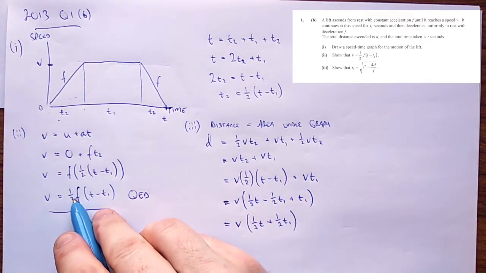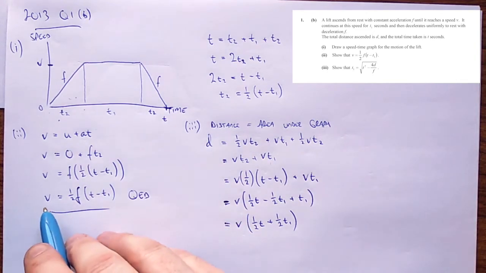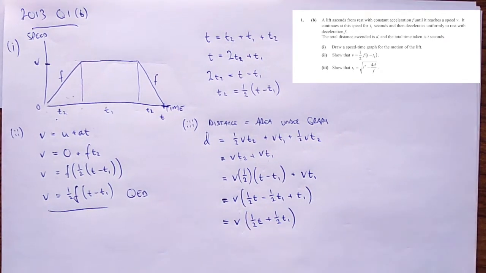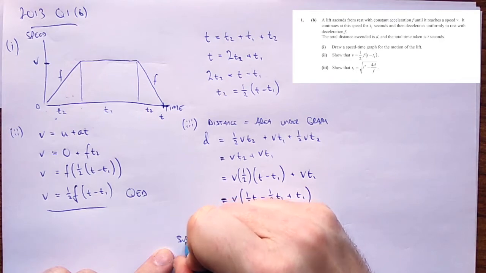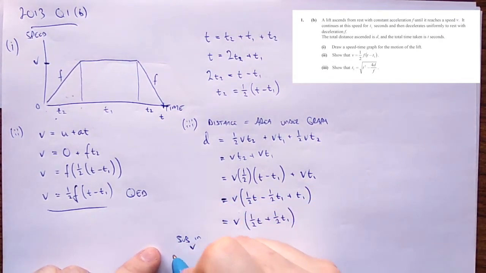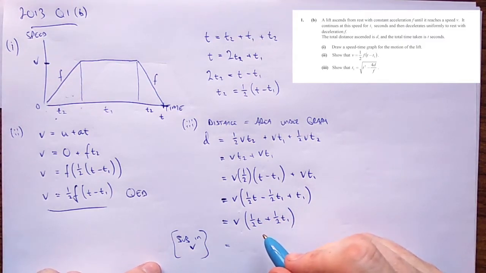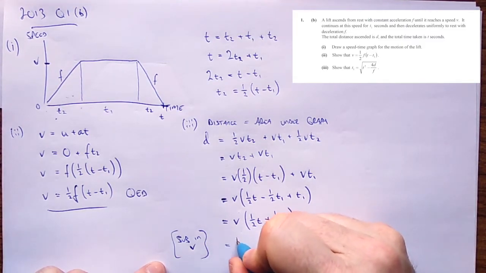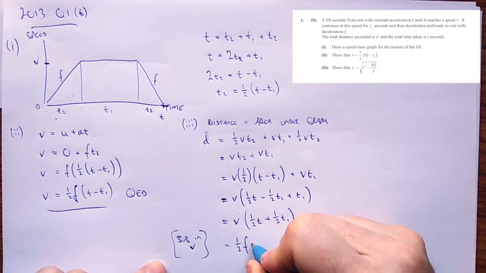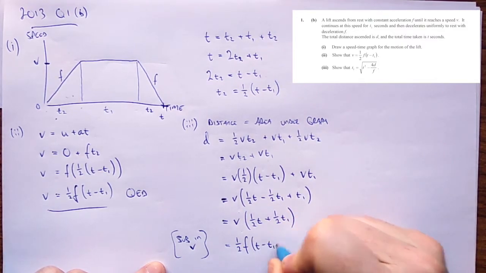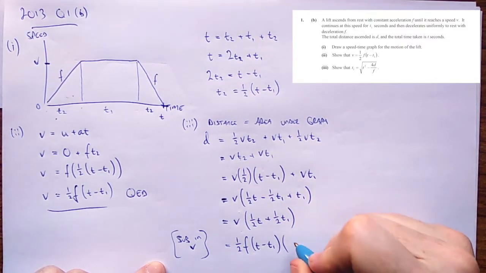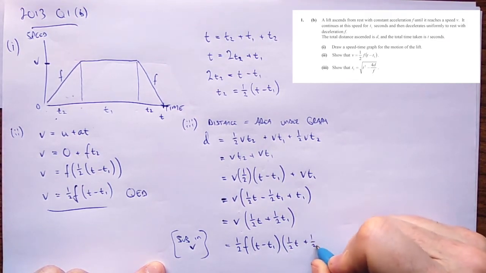Unfortunately, we found v, and if you ever do get stuck along the way, often the earlier parts of the question will actually be asking you to do similar things. So we'll sub in v. So this equals, it's going to get a little bit uglier before it gets pretty again, half f t minus t1 by half t plus a half t1.